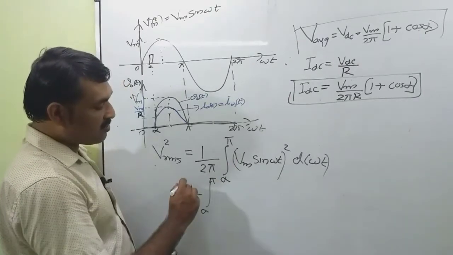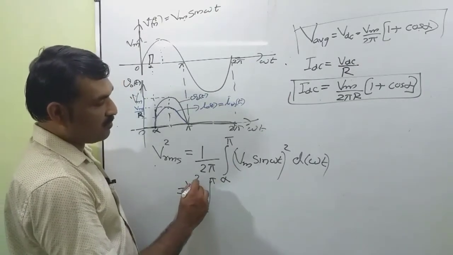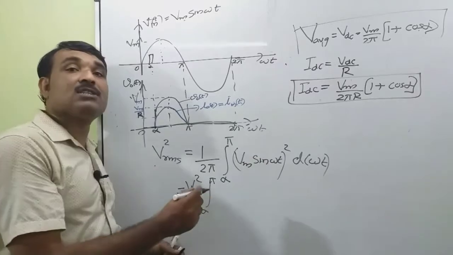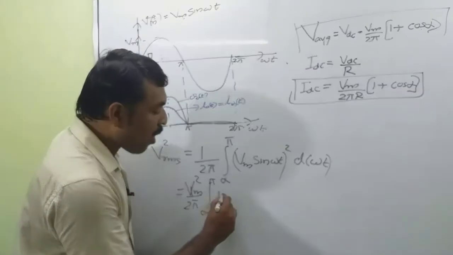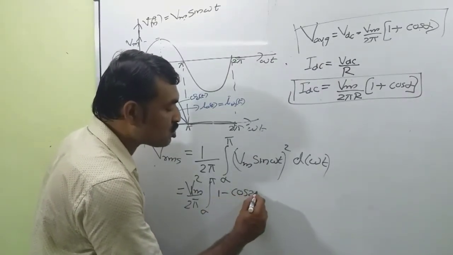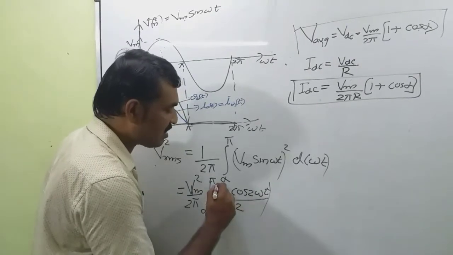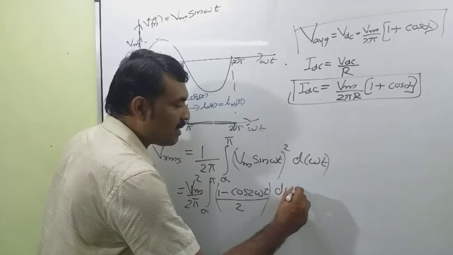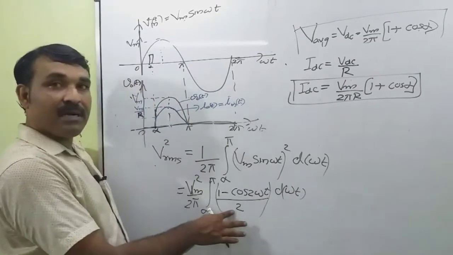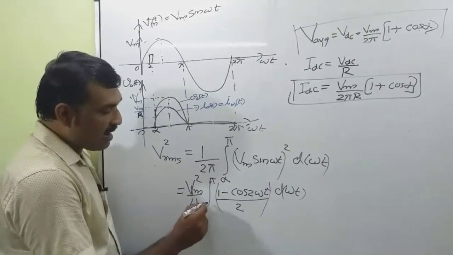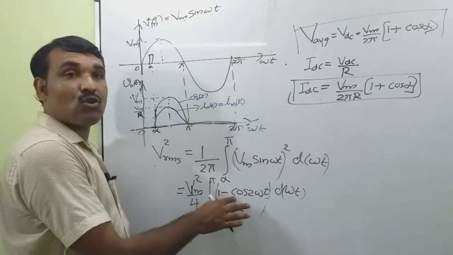We can take Vm square outside, and sin square omega t is equal to (1 minus cos 2 omega t) divided by 2, with respect to d omega t. Now this 2 can be taken outside, for the integral from alpha to pi of 1 minus cos 2 omega t.